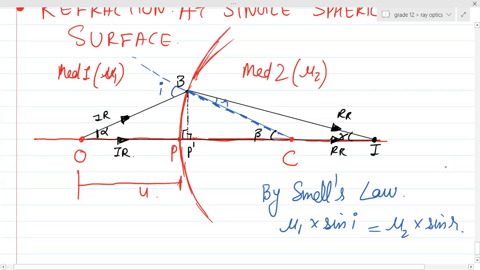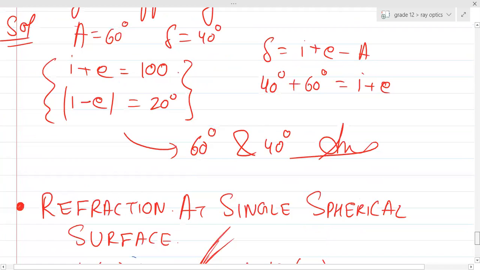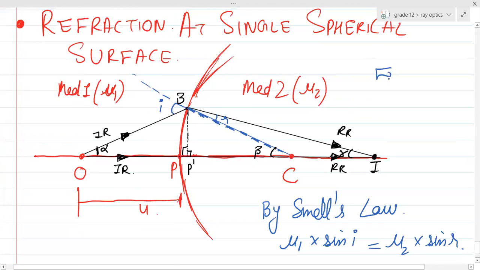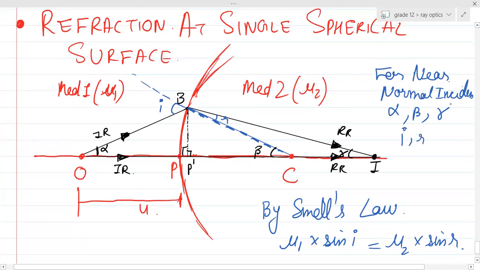Now see this particular thing, guys. For paraxial rays, for near normal incidence, all the angles formed here, alpha, beta, gamma, i, r, all these angles will be small.